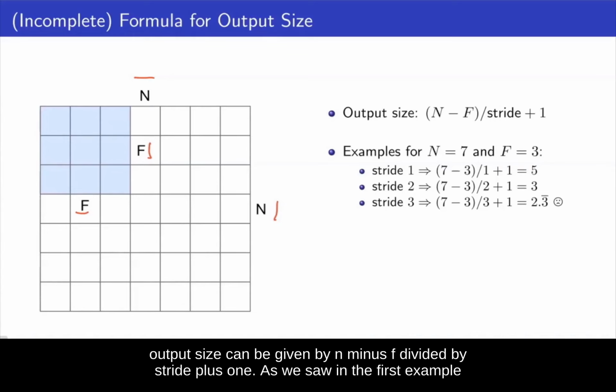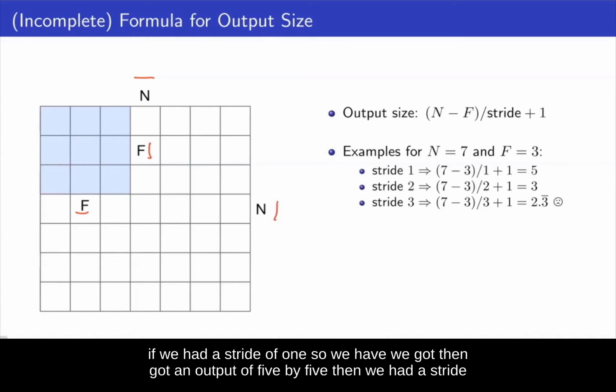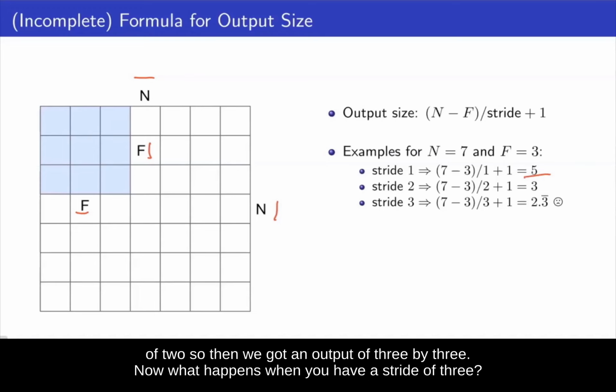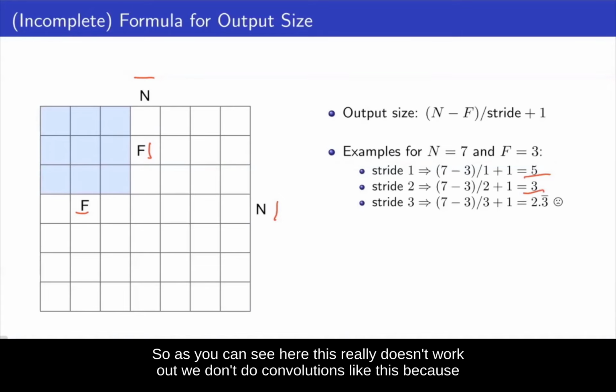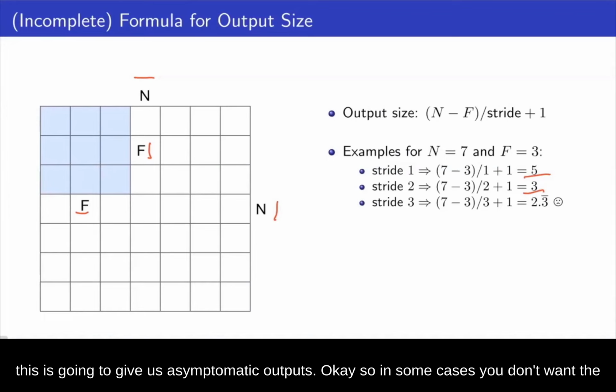As we saw in the first example, with a stride of 1 we got an output of 5 by 5. With a stride of 2, we got an output of 3 by 3. Now what happens when you have a stride of 3? As you can see here, this really doesn't work out.